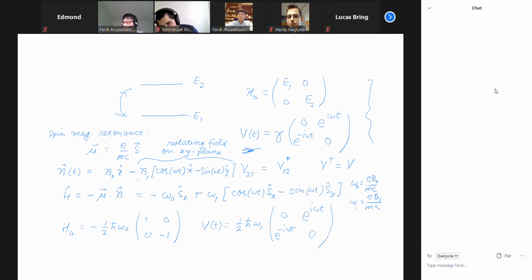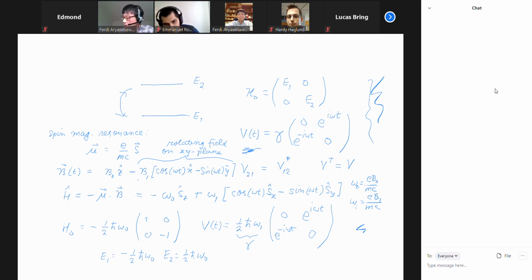So we see that if we make a comparison between this one and this one, these are just our gamma, and E1 is equal to minus 1/2 h bar omega 0, and E2 is equal to plus 1/2 h bar omega 0. So that's a concrete example of this Hamiltonian.